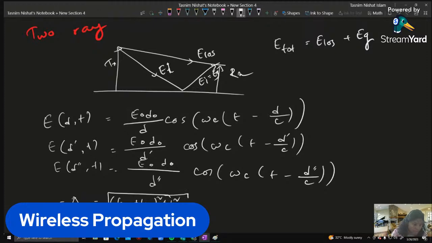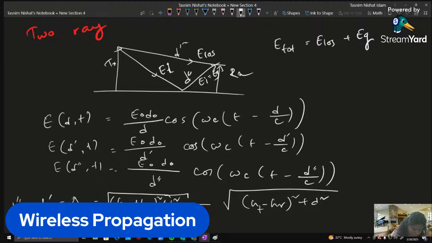So what's delta? Delta is d prime minus d, where this is d double prime, this is d, and this is d prime. And minus square root of (ht minus hr) whole squared plus d squared, which leads us to 2 ht hr by d.